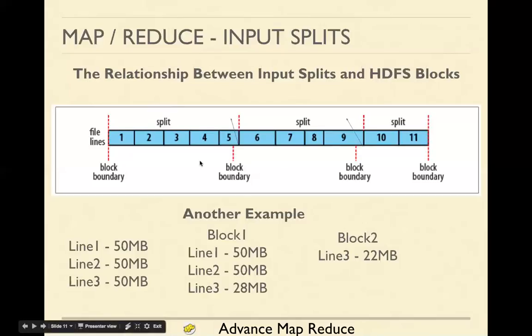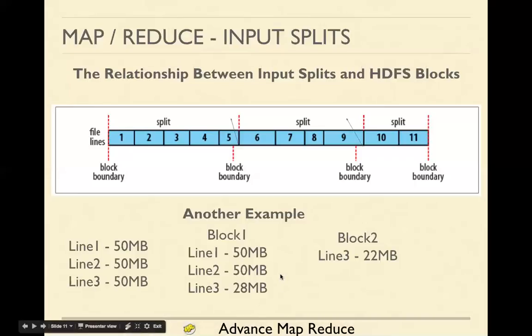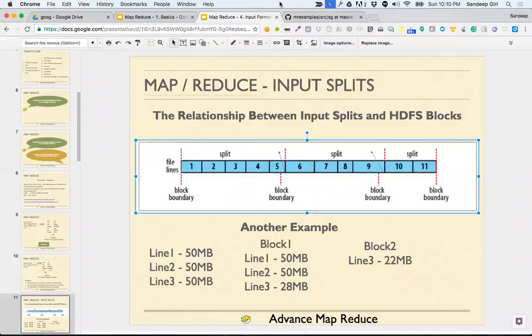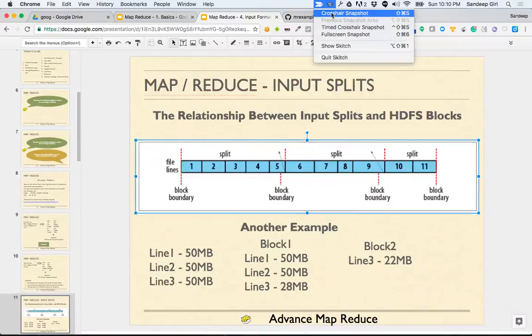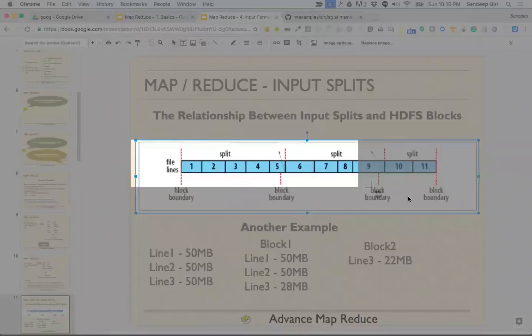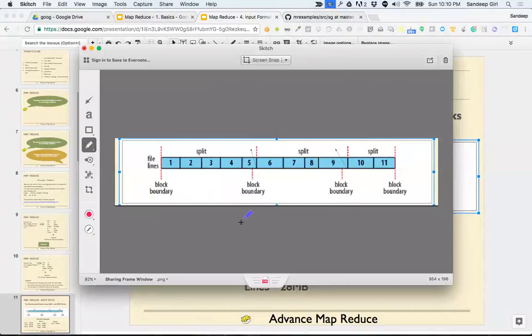All right. So let me try to take this as an example. The way it happens is it happens in parallel. That is something I want to demonstrate to you.